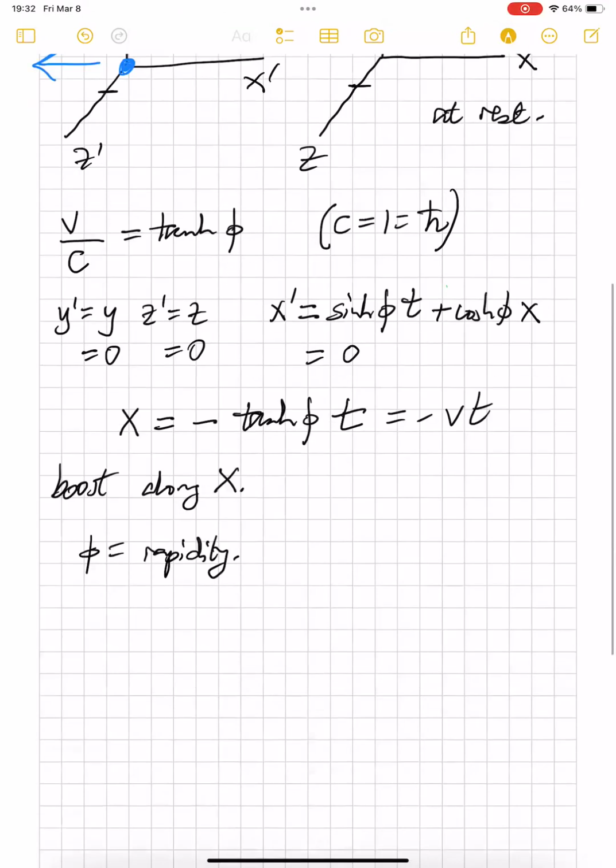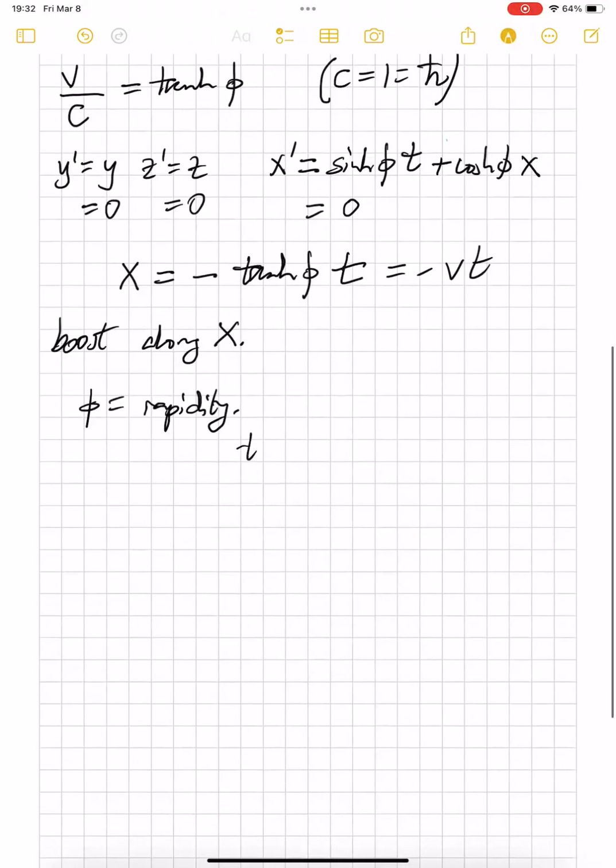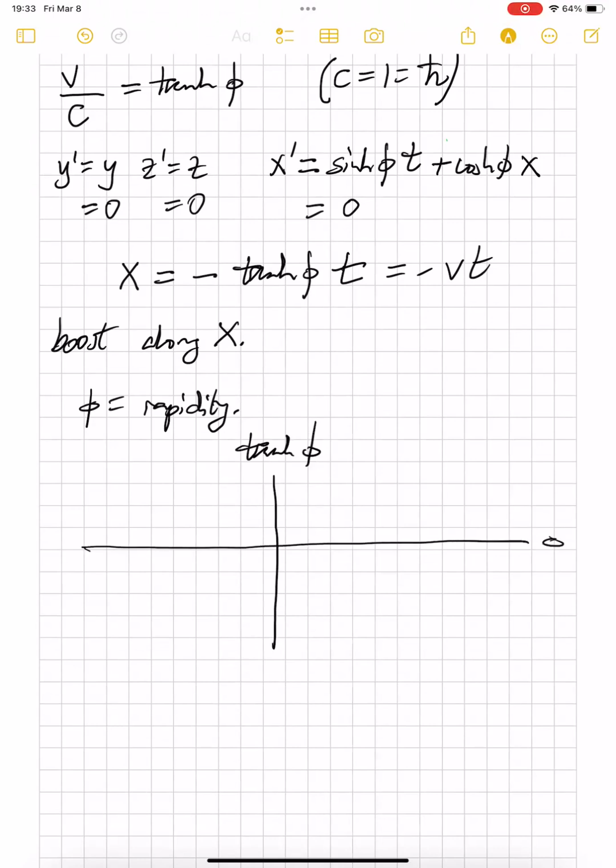And you might remember what tanh phi looks like. If you study what tanh phi looks like, as phi goes to infinity, tanh phi goes to 1. And as phi goes to minus infinity, tanh phi goes to minus 1. So tanh phi goes between 1 and minus 1.